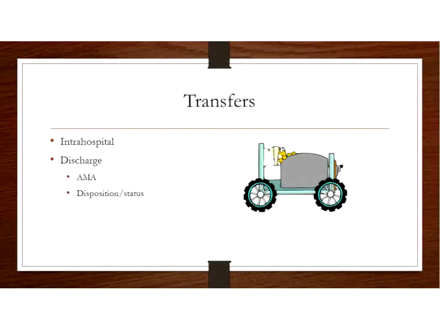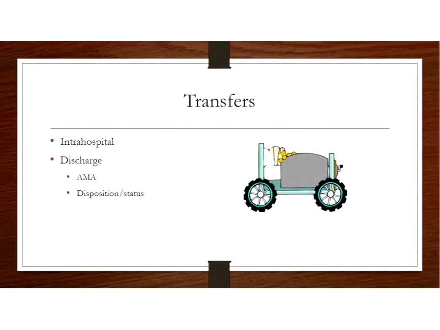Let's talk a little bit about transfers. Patients can be transferred upon discharge. Even while they're being hospitalized, they can have what we call intra-hospital transfers, where they're transferring from one medical unit to another medical unit. Maybe their diagnosis or their levels of care have changed somewhat, and they may need to be moved.